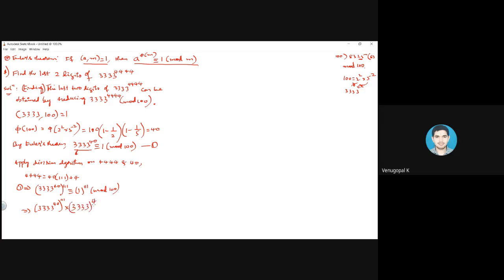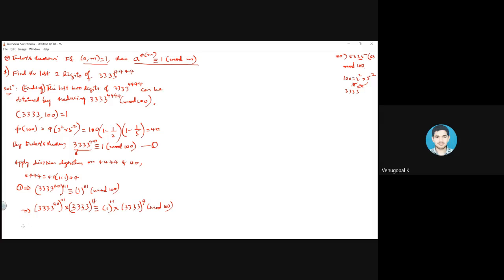So why are we doing this? So that now the total power is 4444 as we planned, I mean, as it is required. So here we should multiply it on both sides: 1 power 111 into 3333 power 4 mod 100. So we have just multiplied this required number on both sides here.